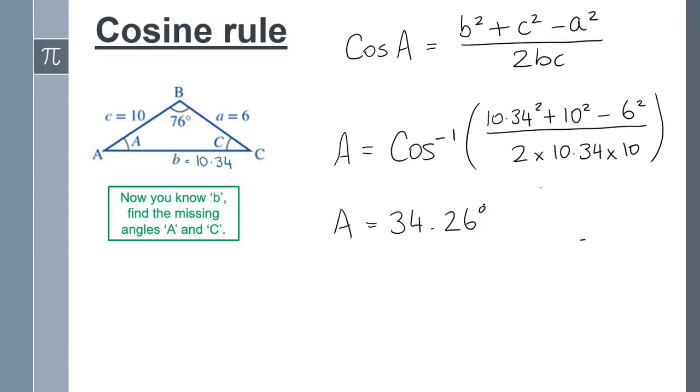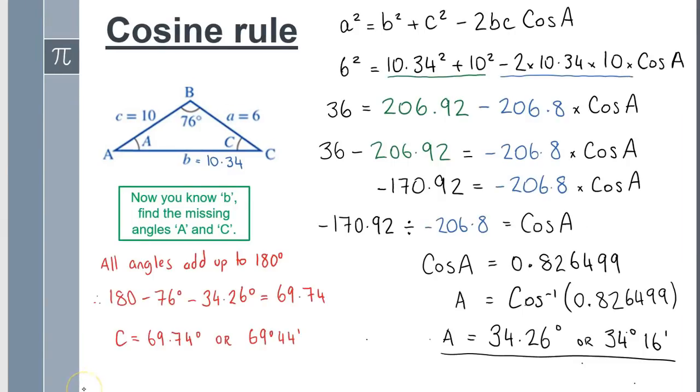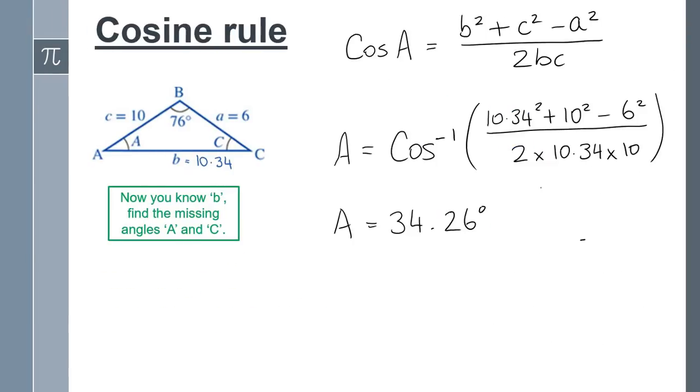And 34.26 degrees. So that makes it a lot easier. Just if you want to have a look, this is from the grade 10 one, where they start with the original formula and they rearrange. Okay, so that is cosine rule.